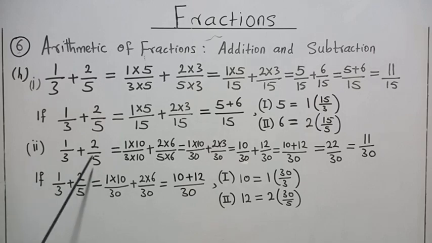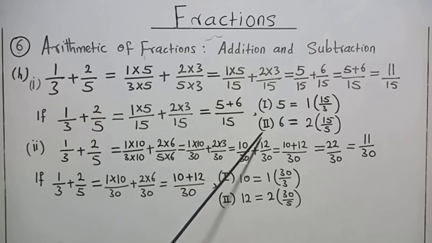How do I make this 5 become 30? It is by multiplying it by 6. That means that 6 must multiply up and down. See where 6 is multiplying up and down to give us 2 times 6 over 5 times 6. That gave rise to 12 over 30.